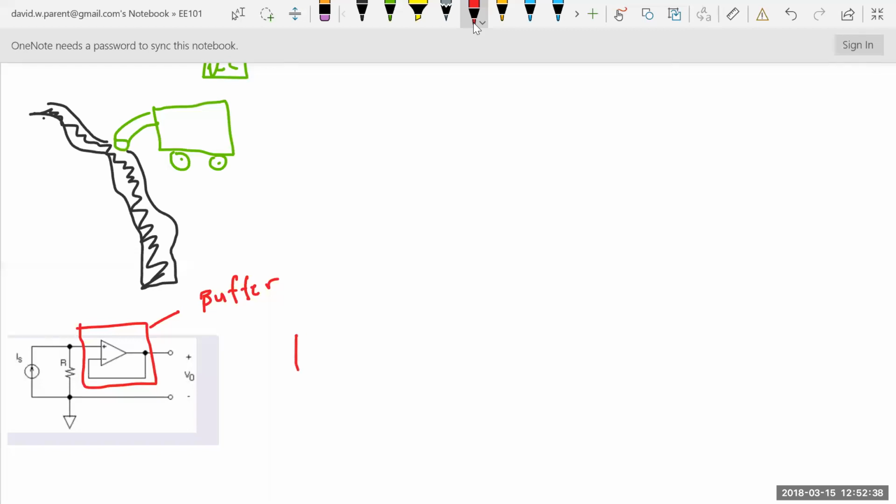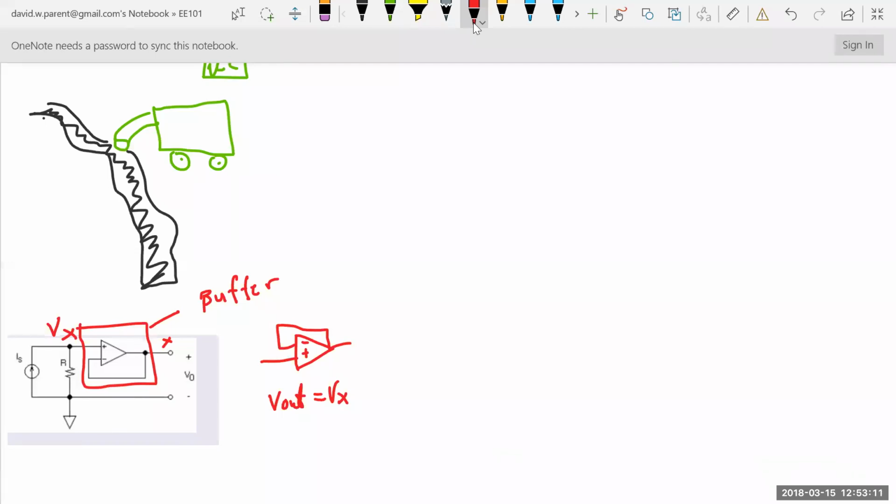Sure, I know that when I draw them, I tend to draw them that way, but the negative feedback is coming down instead of going over the top. But yeah, that's a voltage buffer. So whatever voltage is here is going to be here. So I'll just call that Vx and V naught. So to me, just for looking at it, V out equals Vx.